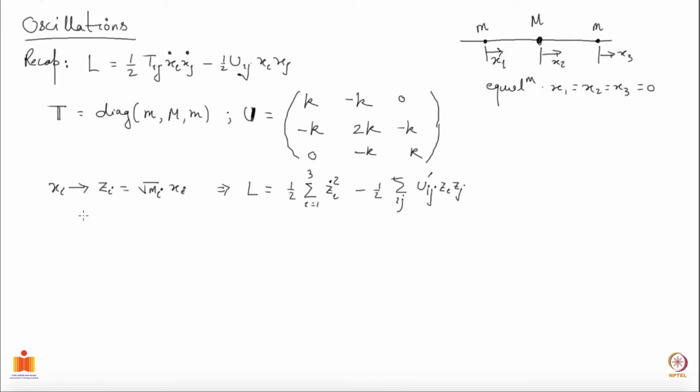And then we had found the eigenvalues of U prime. Okay, that's what we did last time. By U prime I mean the matrix U prime, which corresponds to these elements.